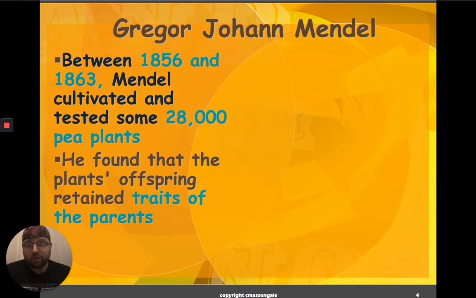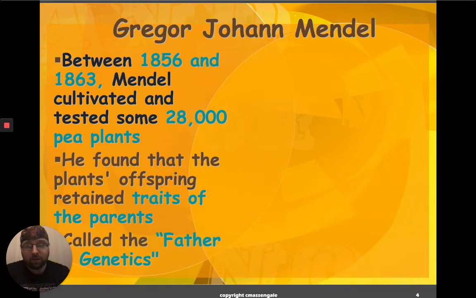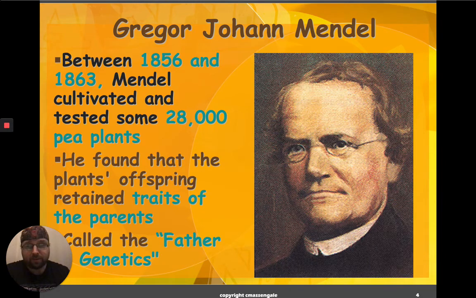You retain some of those traits. What Mendel wanted to know was how we decide which traits move down to one generation and are expressed and which ones aren't. This got into the phrase father of genetics. There we have a color picture of him.